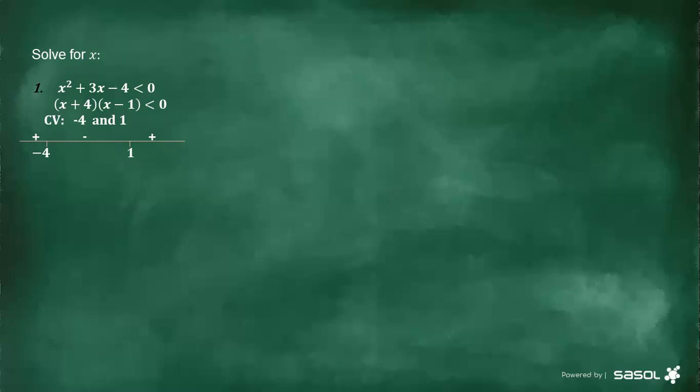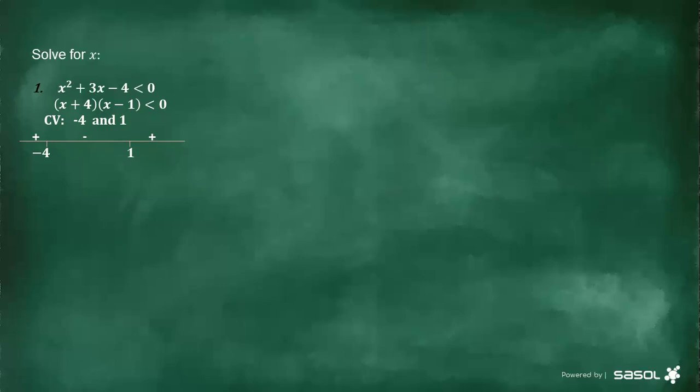And this one is negative: you take any value between -4 and +1, substitute where you see x, and you are going to have a negative value. After 1, we have positive. The same applies. You take 2, 3, any value, substitute with x, then you're going to have a positive value.